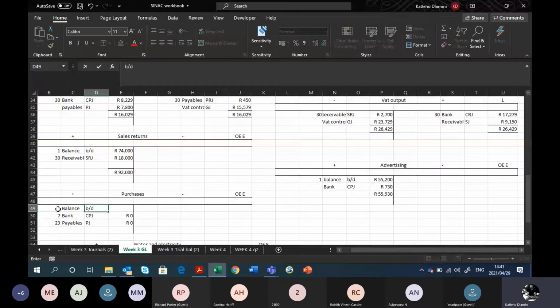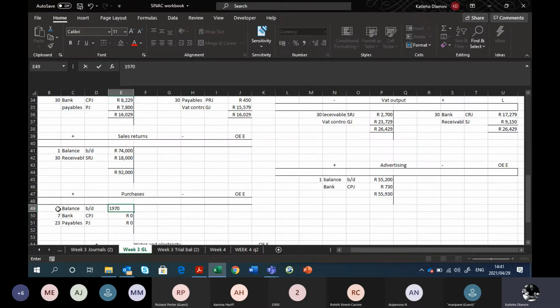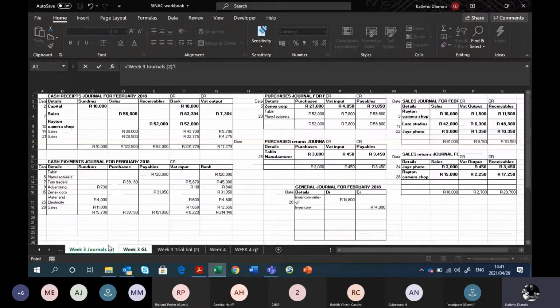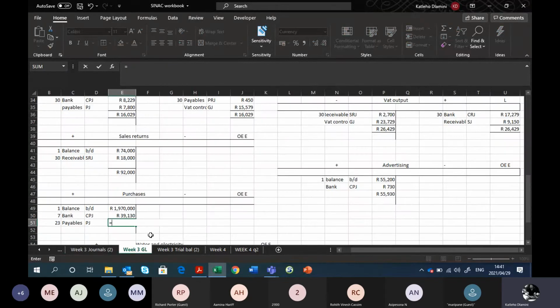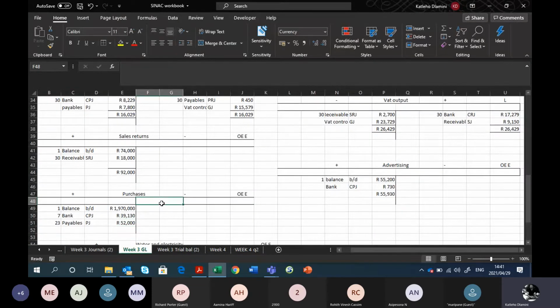Down is how much? 1,970,170,123. Okay, then this amount. Purchases over here, 39,000. This amount. Purchases over here, 52,000. Okay.